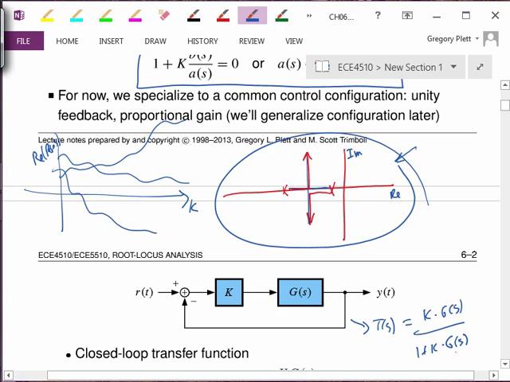I'm interested in the roots of the denominator of this equation, so I want to know when does 1 plus k times G of s equal 0, or what values of s does 1 plus k times G of s equal 0? That's where the poles are.